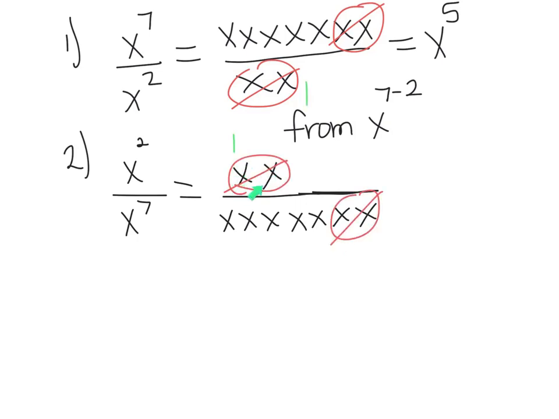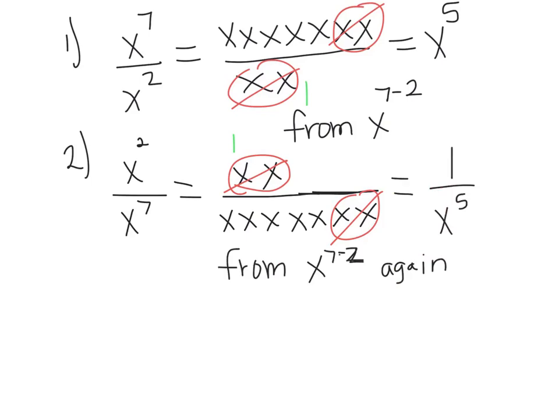So here we took the 2 of them and canceled out with 2 of them. Now, when we cancel things out in fractions, we should put 1s in their places. I did not show that up here, so I just put it in now. But when the 1 is in the denominator, we don't need to show it in our answer. Down here, our 1 is in the numerator. So we need to keep that in our answer, and we've got the 5 x's left over in the denominator, so our answer is 1 over x to the fifth.